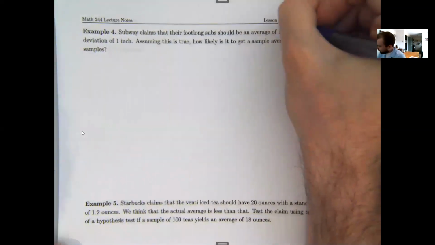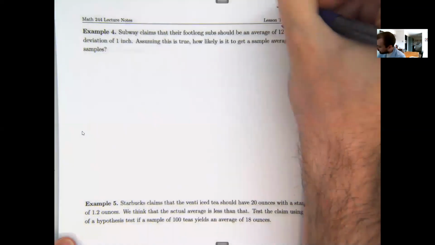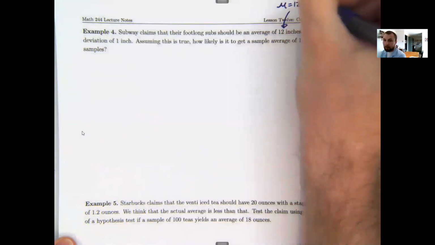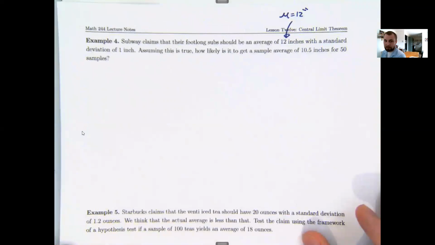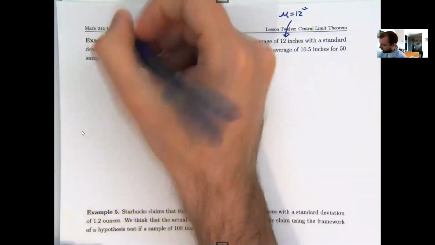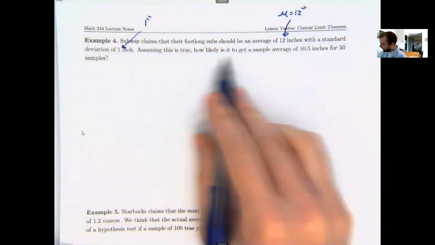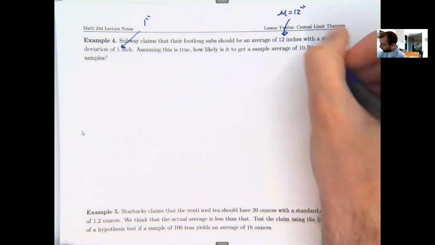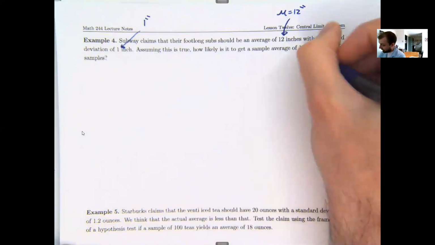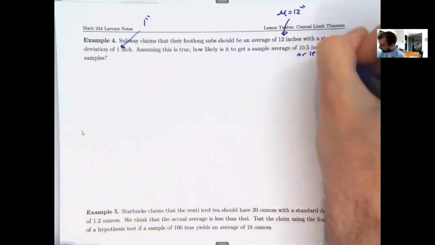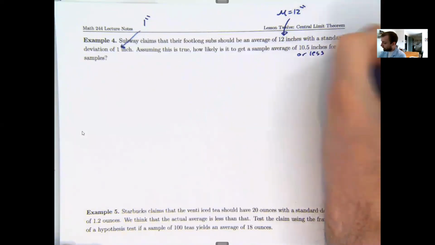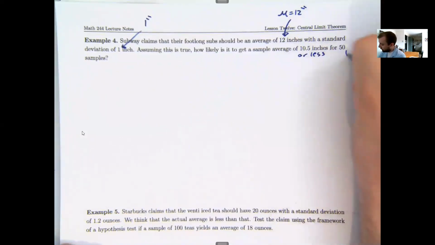This is a claim they're making about all of their subs, so a mu for all of the sandwiches, 12 inches, with a standard deviation also for all their sandwiches of 1 inch. Knowing this, how likely is it to get a sample average of 10.5 inches or less for 50 samples? So I'm looking at n equals 50 samples.